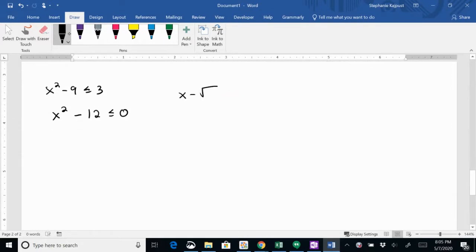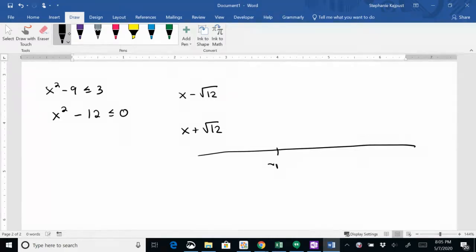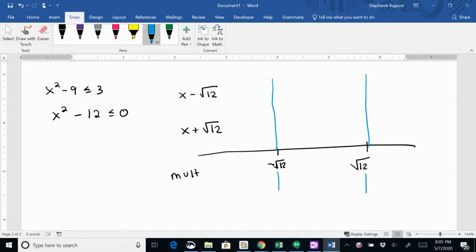And we'll just use x minus the square root of 12, x plus the square root of 12. I'm going to put those on my number line here. And then again, we're looking for where the multiplication is. I still have the equal to symbol. And on my calculator, square root of 12 is 3.4, so I can plug in x equals -4 or x equals 4 and x equals 0 to make sure I'm in each section.